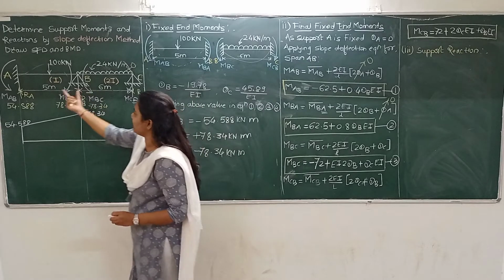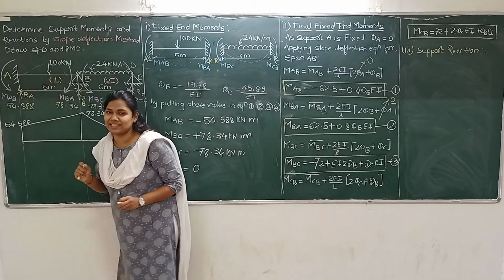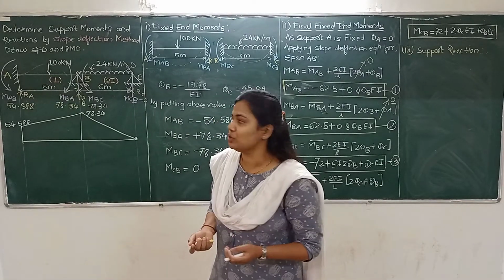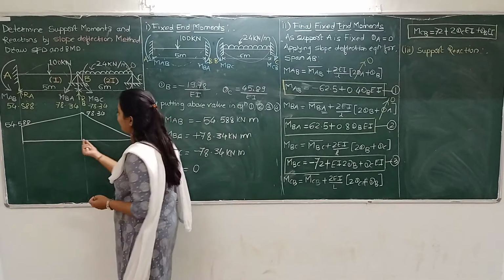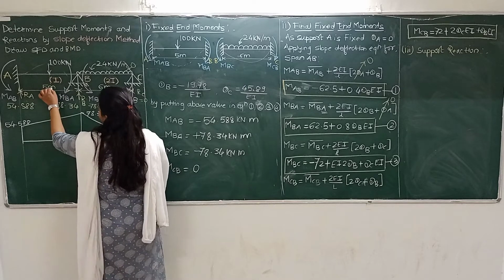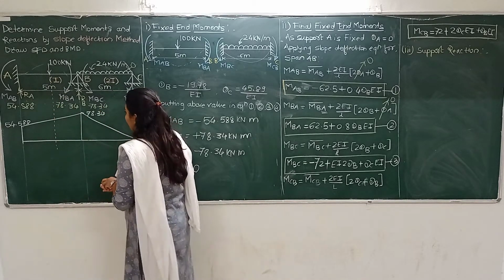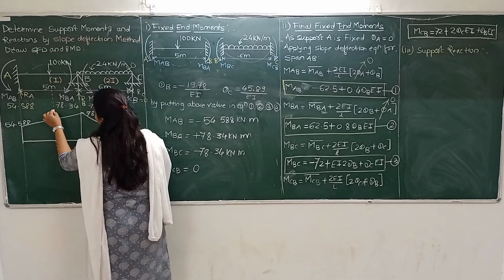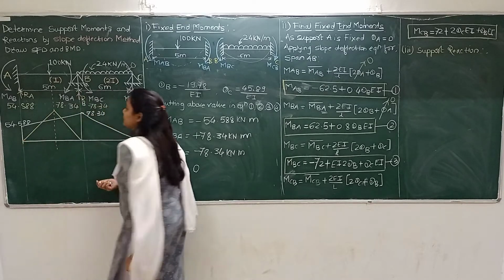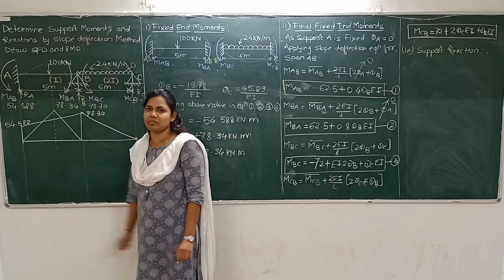When you consider AB as a simply supported beam subjected to a point load, the maximum bending moment, as you already know, is WL by 4. The nature of the bending moment is a triangular, inclined line for the point load. This is called the free BMD, and we superimpose it on the fixed BMD like this.